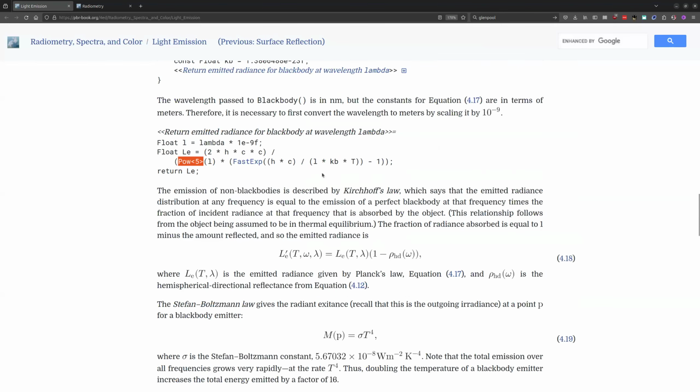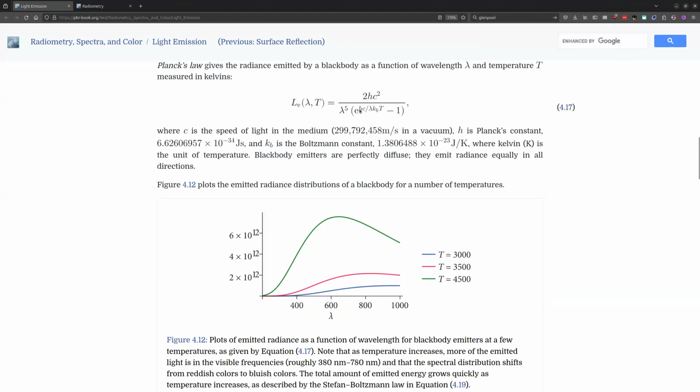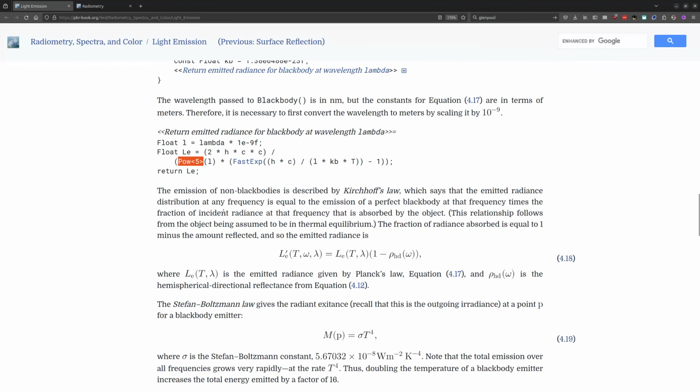Yeah, but we have the exponential, so when the wavelength goes to 0, the exponential goes to infinity. Okay. Yeah, that's why we still get 0 emission when the wavelength is 0.